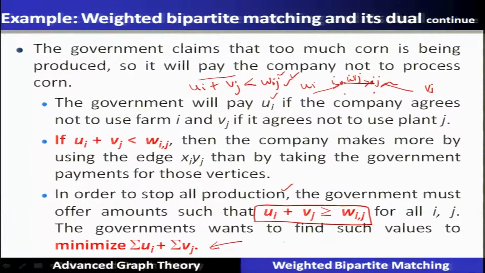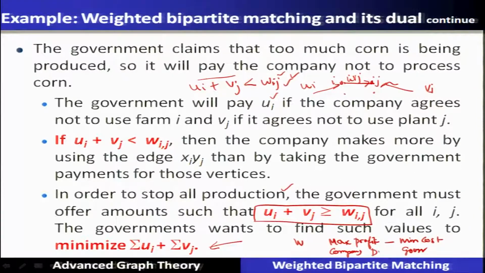So, it is a dual problem, that means the company wants to make the maximum profit and the government wants to stop the production while bearing the minimum cost.